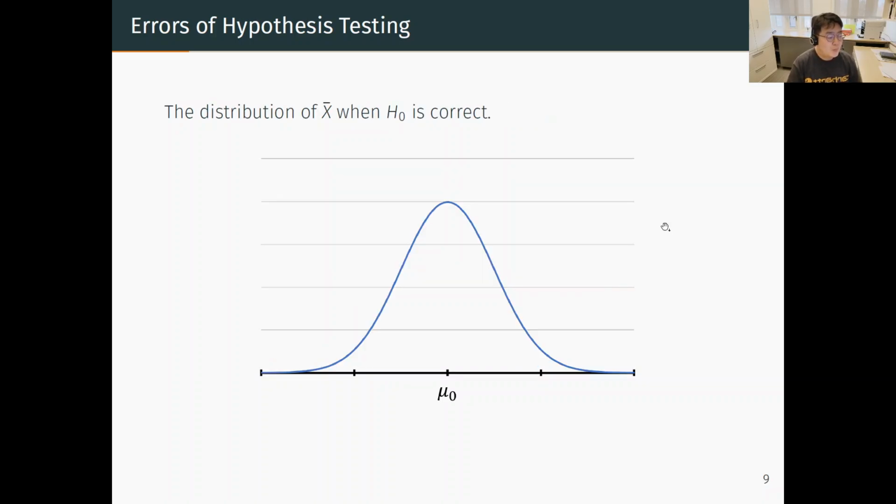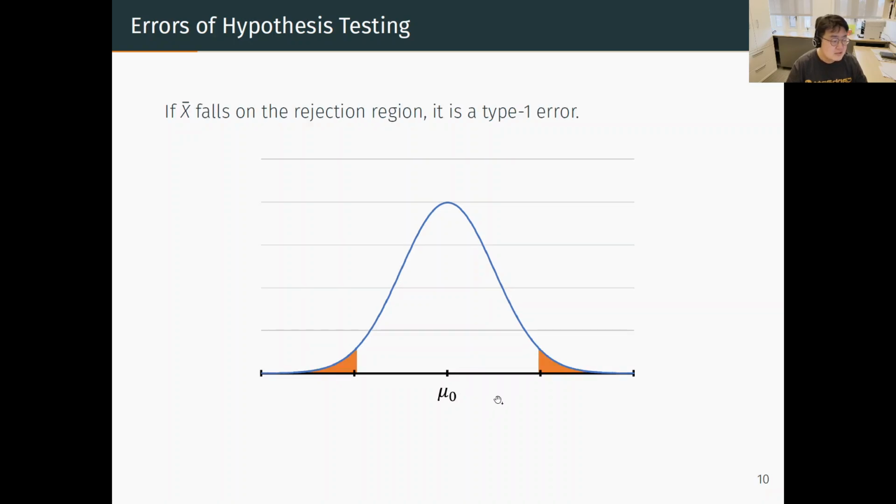We know that the sample average is distributed according to a normal distribution. When the hypothesis is correct, the center of the normal distribution would be mu0, the value you are assuming. So it will be a normal distribution centered around mu0, your belief.